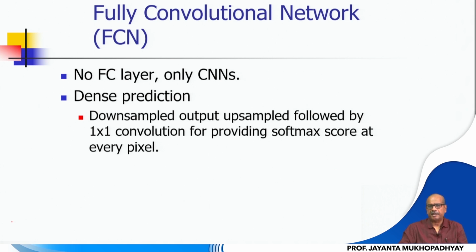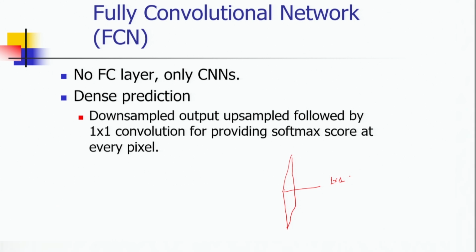And when you do upsampling, what we actually do is that each pixel is processed by a 1x1 filter. So in the upsampled image, in the output you may have a number of channels, and then there is a 1x1 filter. So finally, for each pixel, suppose you get 1x1 cross k.